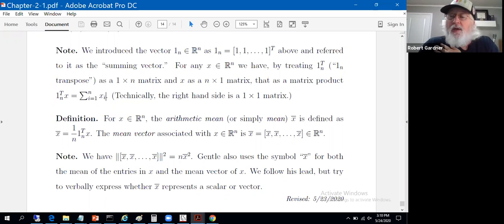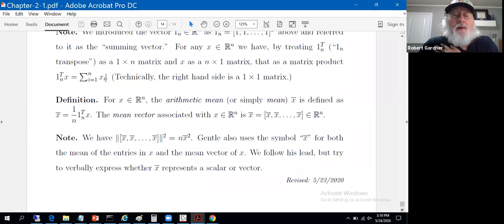More formally, we might want to do some things with arithmetic means and a mean vector. If x is a vector in Rn, the arithmetic mean, or simply the mean, x bar, is defined as 1 over n times this little product we had upstairs. So x bar is the sum of the x sub i's divided by n. That should be the mean, right?